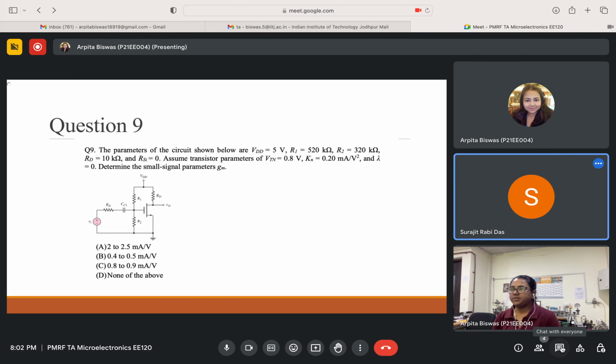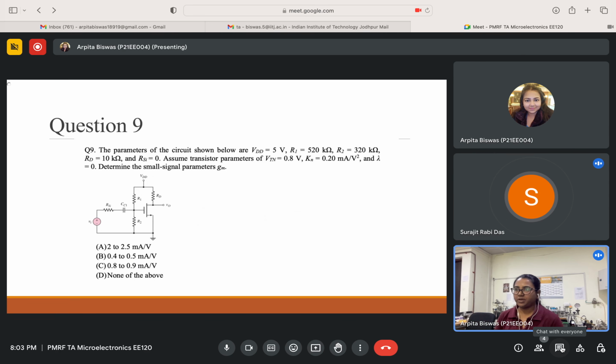This is question number 9. The parameters of the circuit shown below are VDD equal to 5 volt, R1 equal to 520 kilo ohm, R2 equal to 320 kilo ohm, RD equal to 10 kilo ohm, and RSi equal to 0. Assuming the transistor parameters VTH is 0.8 volt, Kn is given 0.20 milliamp per volt square, and lambda is 0.